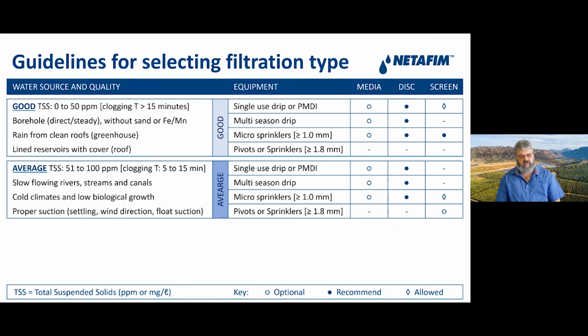This is normally when we have slow flowing rivers, streams or canals, and more in cold climates where we have low biological growth or algae content, and that we have proper suction, that we have settling, we take the wind into consideration connected to the suction point, and also the use of a float suction. And there you can see where the system can be used between the different media, disc or screen, and the different equipment categories.